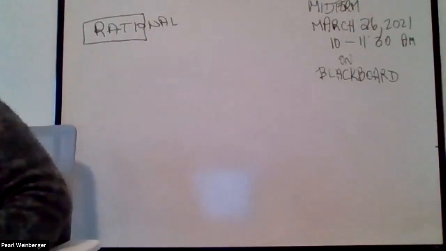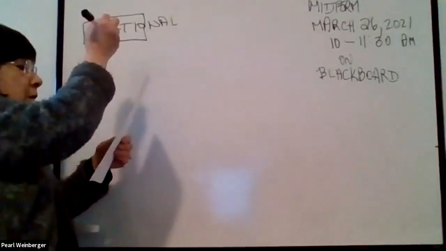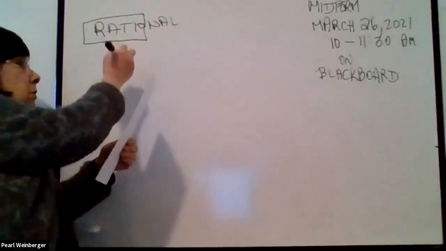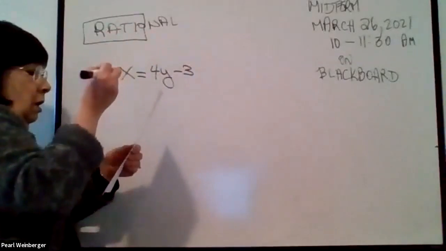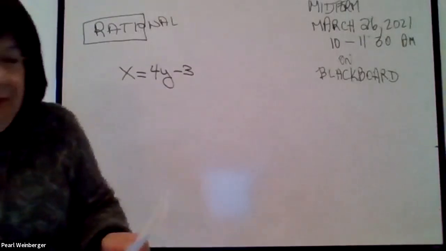Okay, so let's take an example. Let me see if I can find an example that would be good with substitution. Okay, suppose I gave you something like this. X equals 4y minus 3 as one equation, and I don't want to do that one because that one's going to run into problems.